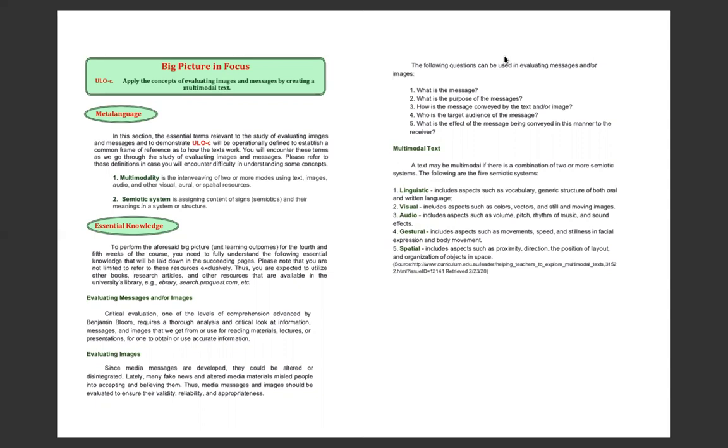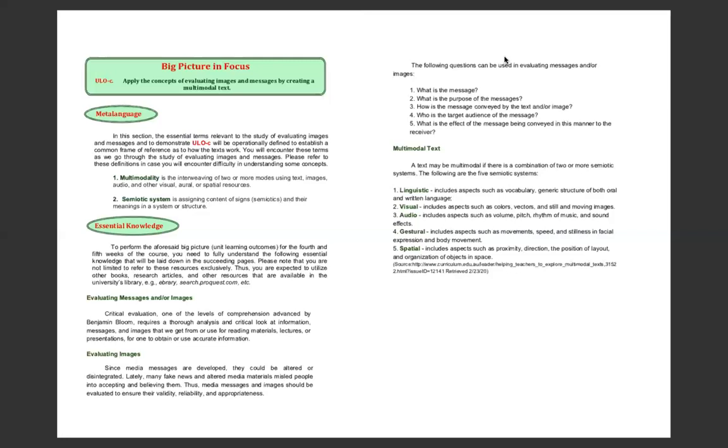First is multimodality. It is the interweaving of two or more modes using text, images, audio, and other visual, oral, or spatial resources. So you can call the text multimodal if there is a combination of images or pictures or words and other modes. For advertisements there is oral, there is also visual, or there is audio, there is visual. So we call it multimodal.